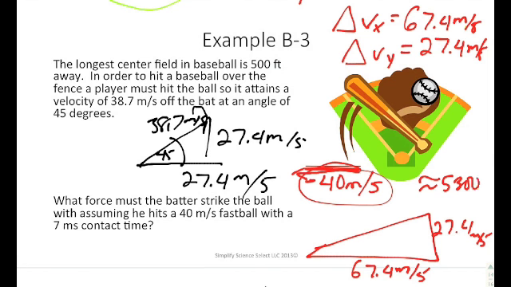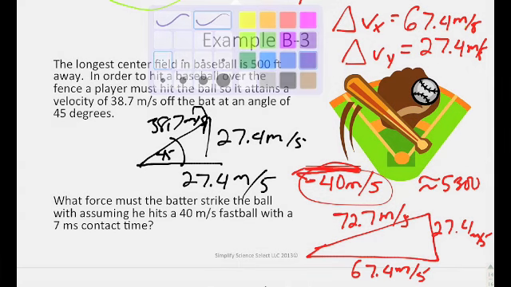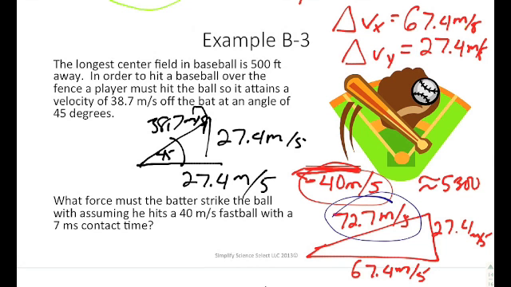You take the square root of both sides and you end up with a velocity of about 72.7 meters per second. That represents the total change in velocity. So this right here is the total change in velocity.